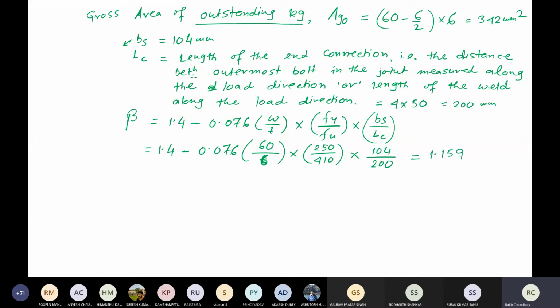1.159. Now we need to ensure that it satisfies a particular limit. What is that limit? The limit is that it should be less than or equal to Fu divided by Fy multiplied by gamma m0 divided by gamma m1, which becomes 1.4432.